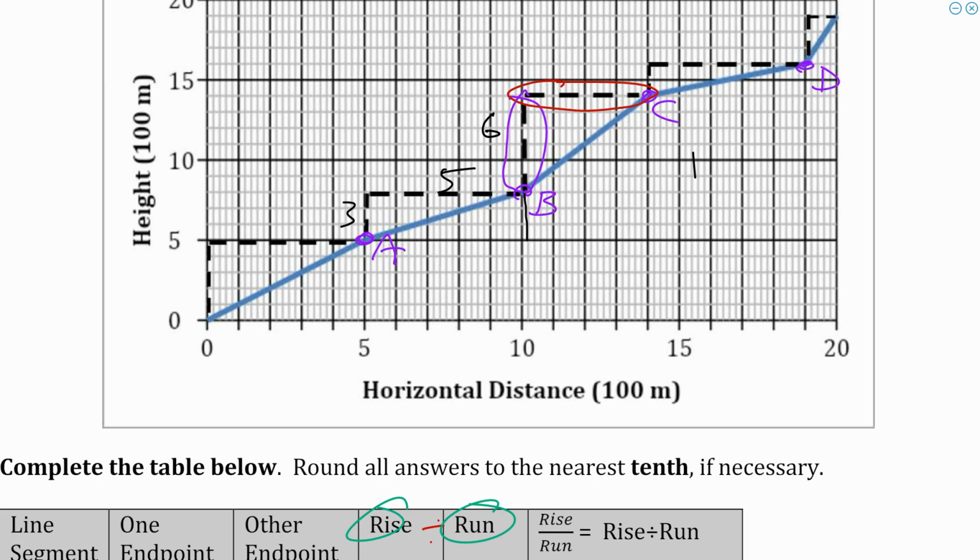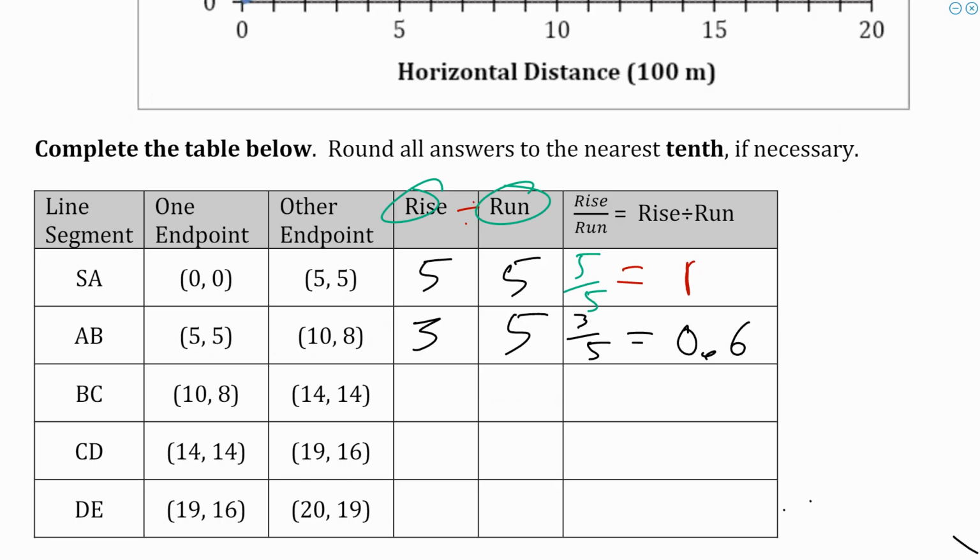And it's going from 10 over to 14, so it's a run of 4. Let's make sure that fits. Yes, 8 to 14 is a rise of 6, and 10 to 14 is a run of 4. So our rise over run, 6 over 4, if you reduce the fraction, you end up with 1.5. That's your decimal. So this was way steeper, over double AB.